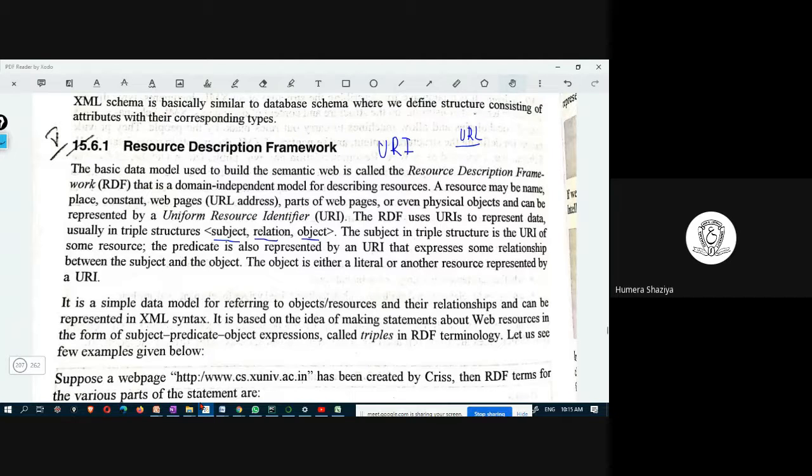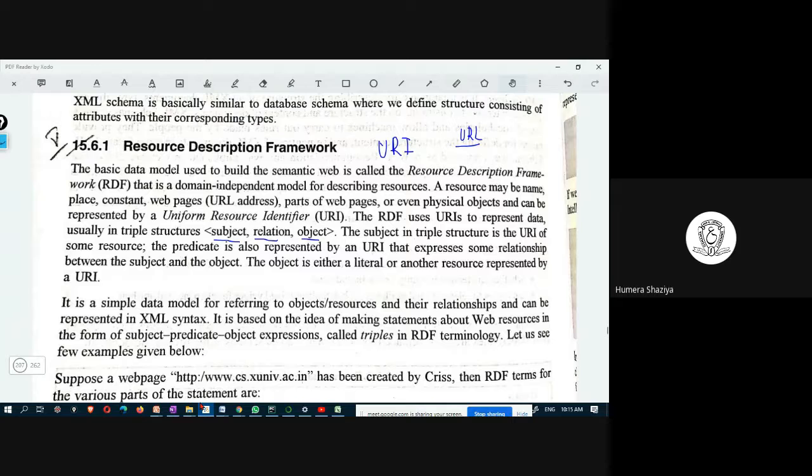What might be the resource? It might be a system. It might be a router. It might be a mobile device that is connected. Any device that is connected to the internet is described by using URI. URI represents data in triple structure.